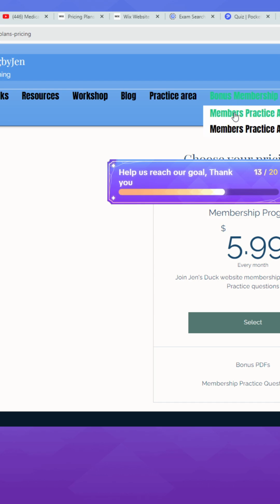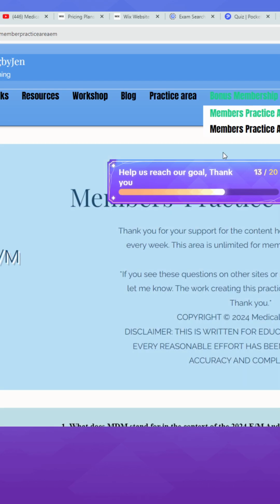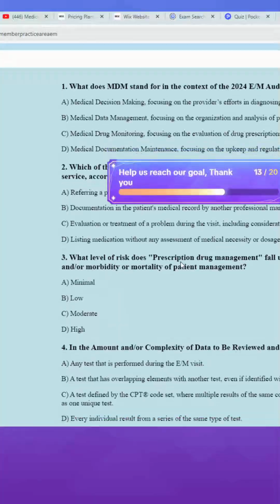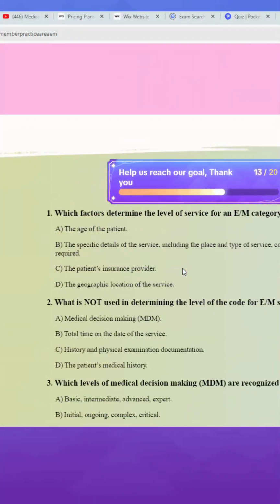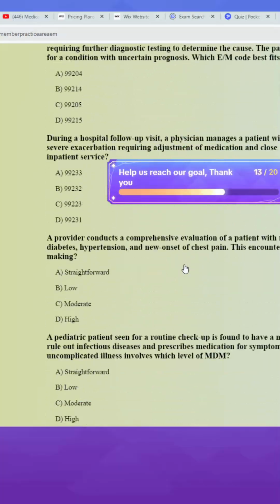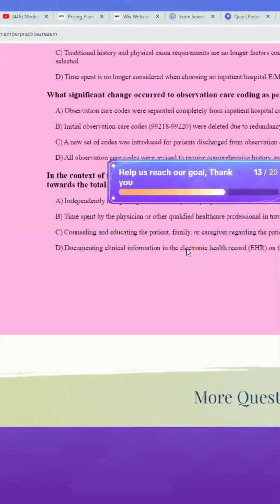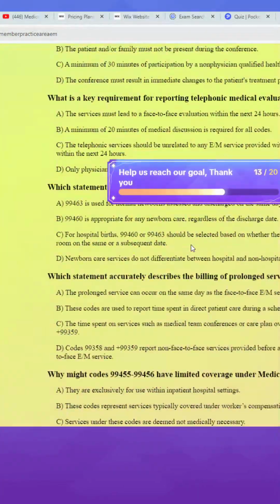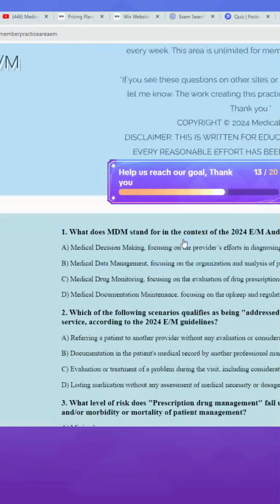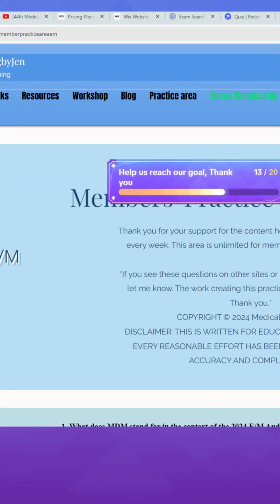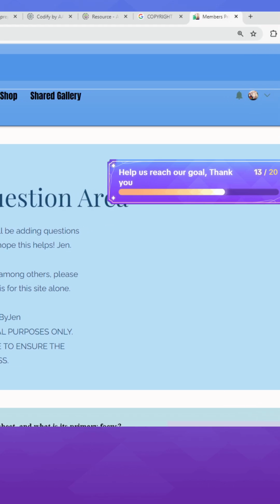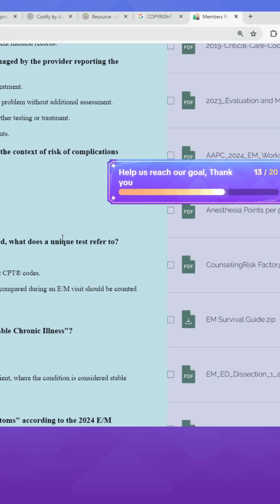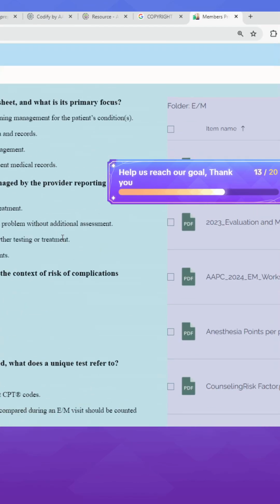But inside there I have all E&M practice exam questions here, 1.5 million of them, and then I have a ton of PDFs that you can download that are bonus. If you do the $5.99 a month, there is tons of PDFs that you can download. Let's see if I could get, yeah, there they are, that are free for the members.